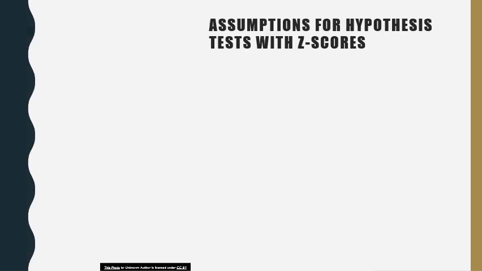Let's look at assumptions for hypothesis tests with z-scores. First off, random sampling. This means that for your experiment, you need to have subjects that are randomly selected. And we do this because the sample must be representative of the population, and random sampling helps with that.